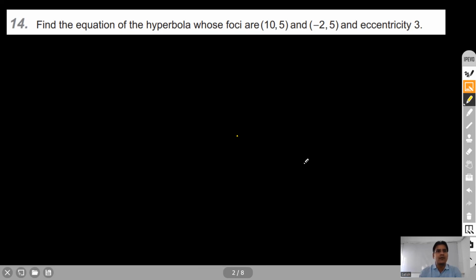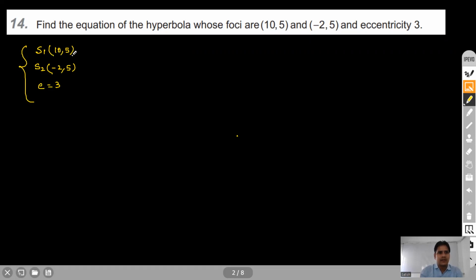Now we have to write the equation of the hyperbola. Okay, so let's take this focus as S1 whose coordinates are 10, 5 and let me write second focus as S2 whose coordinates are minus 2, 5 and eccentricity of this hyperbola is 3.